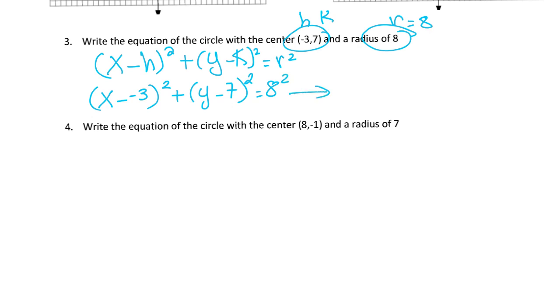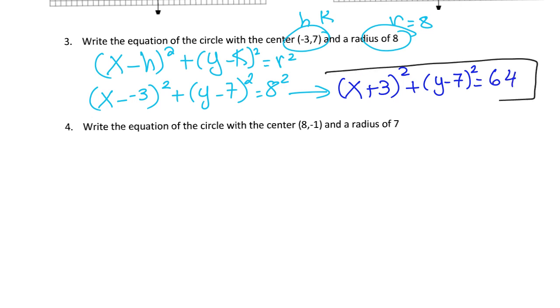From there, I will simplify this equation, so the two negatives will make it a positive. So it will be x plus 3 squared plus y minus 7 squared equal to 64. And this is the equation of the first problem, number 3.